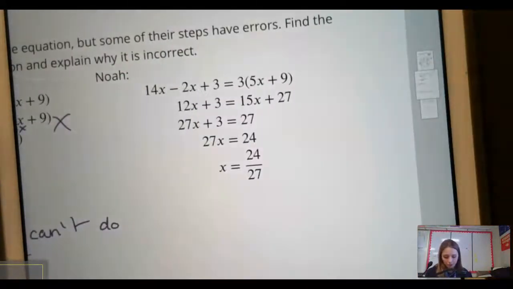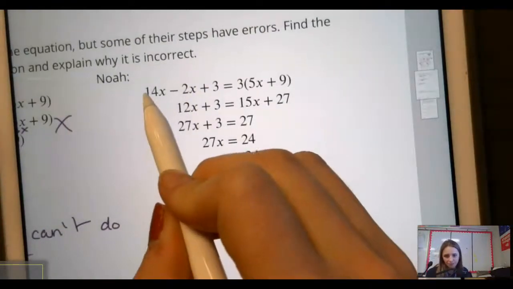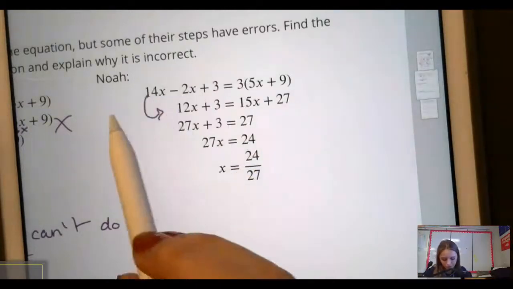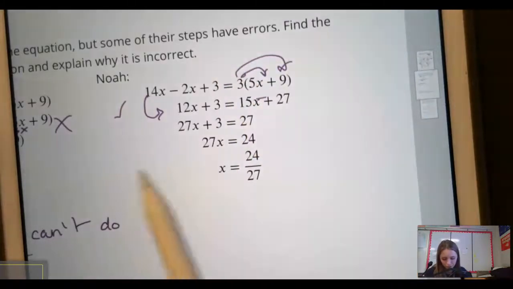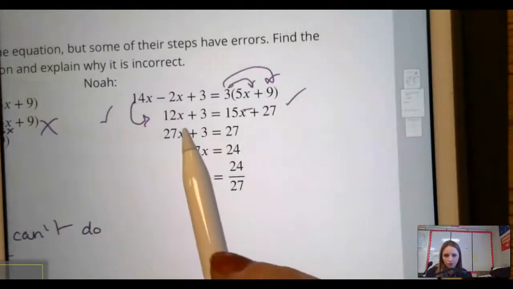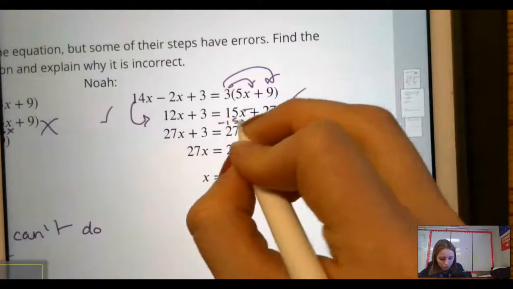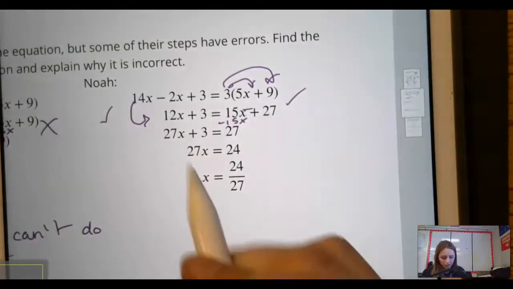Alright, now let's see what Noah did. First step, combined those like terms. That was a good step there on the left. Now on the right, it looks like he distributed. So that's good as well. Now let's see what happens. Well, the 15x disappears over here, so that means we'd need to subtract. If I look over here, we end up with a 27x.